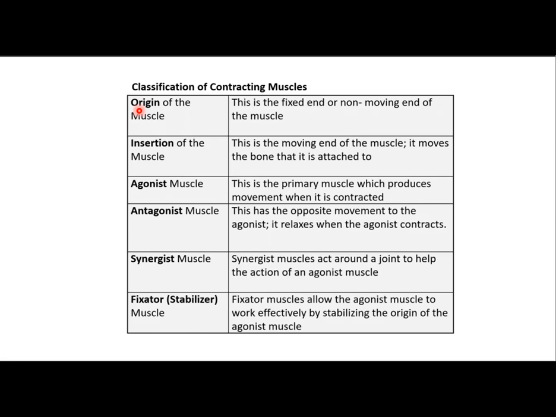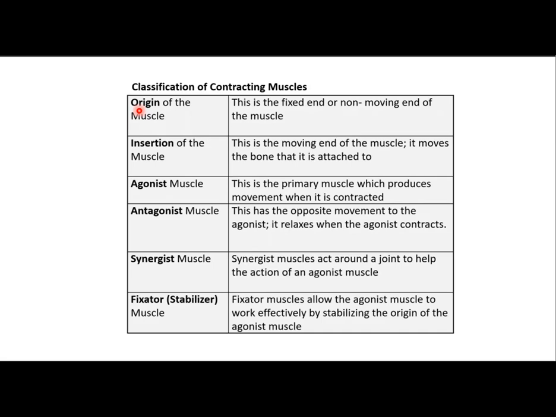So when you're doing a bench press, in order to push the bar up, you would have the anterior, the front part of your deltoid, your shoulder muscle, helping to do this movement, okay? And when you are lowering down the bar, on the other side, you also need muscles in order to control the movement, right?